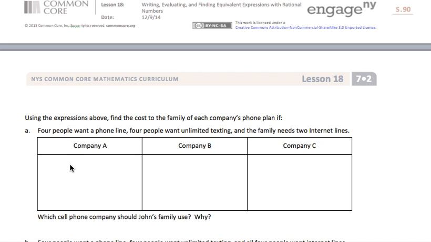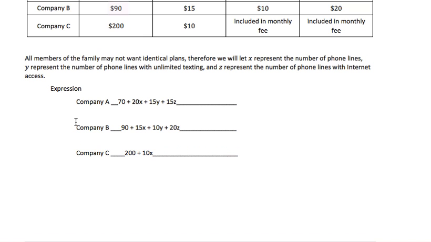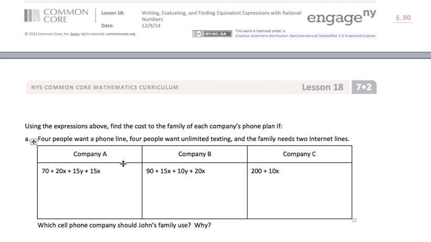So we'll be using those 3 expressions that we created up above for Company A, Company B, and Company C, and we will substitute in the information that they've given us in Part A. So in looking at the expression for Company A, and this is the expression that we wrote up above, 70 plus 20x plus 15y plus 15z. Now what we'll do is substitute for x, y, and z in the expression, and then we can solve.